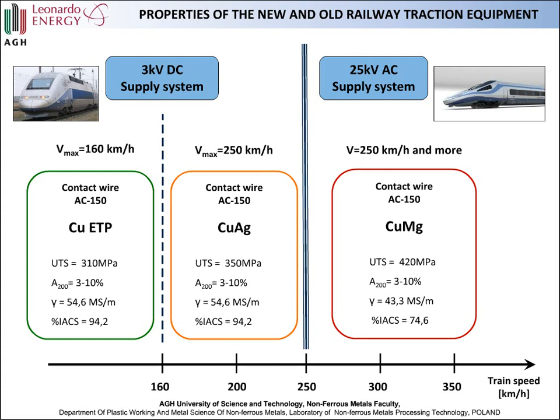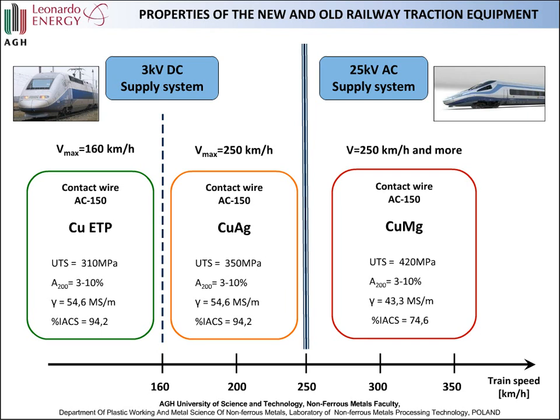For the 25 kilovolt AC supply system and speeds higher than 250 kilometers per hour, mainly because of the higher voltage used, following Ohm's law, we don't need a material with the highest possible electrical conductivity, but because of the high traveling speed, we need a material with high mechanical properties.